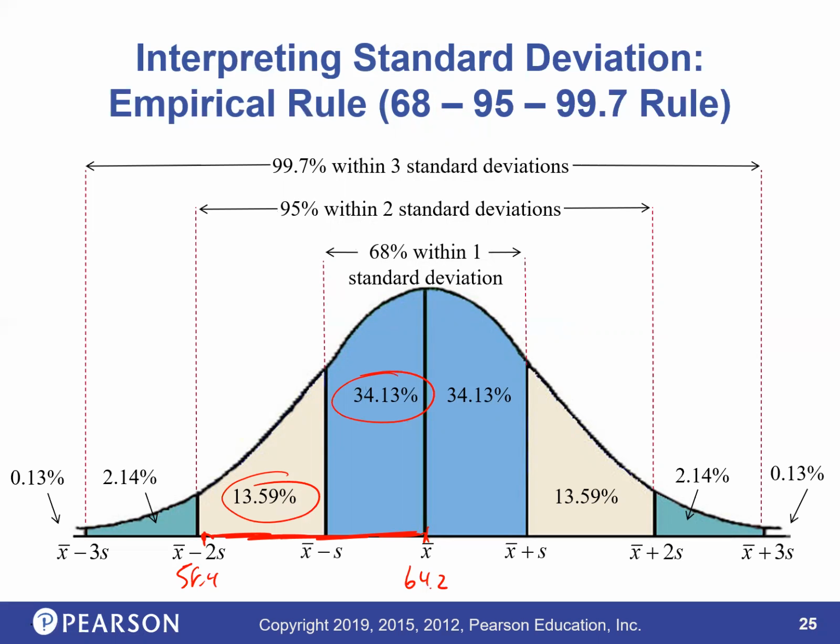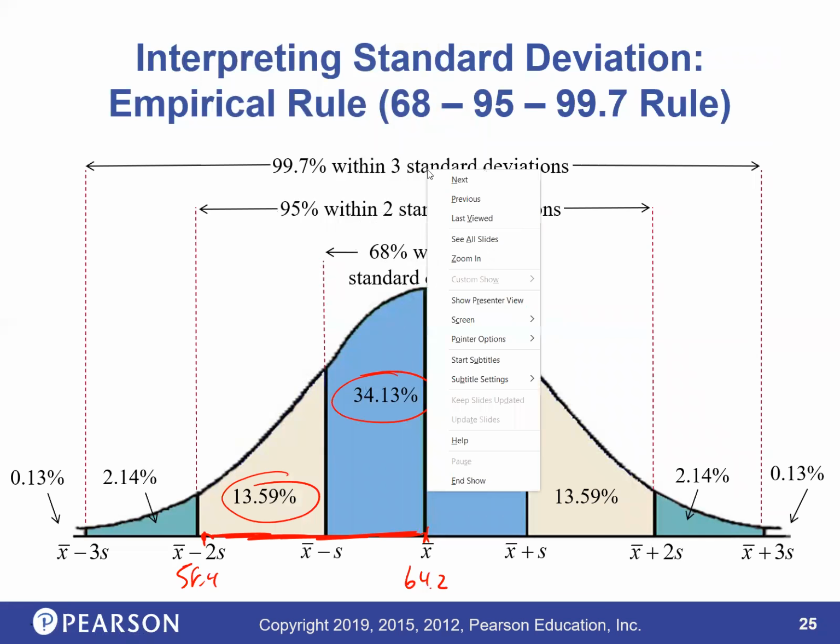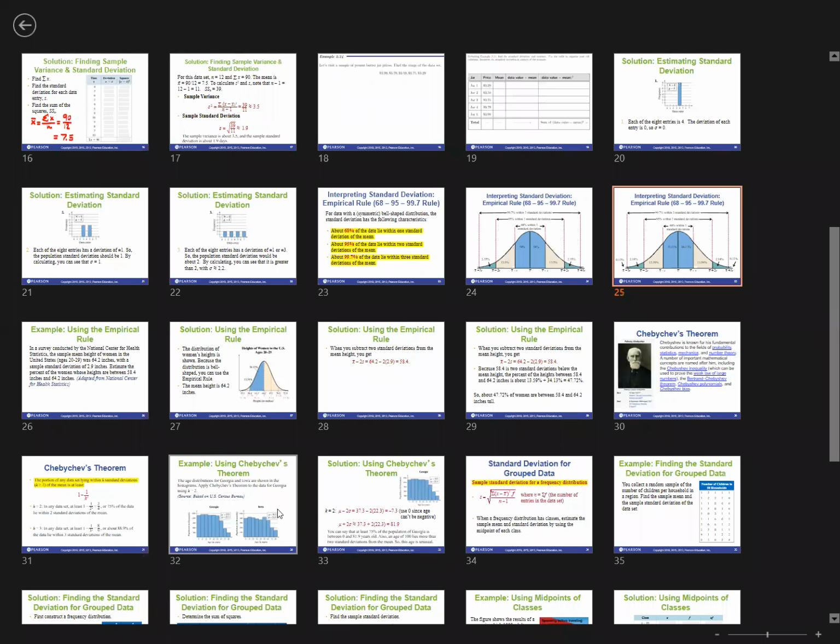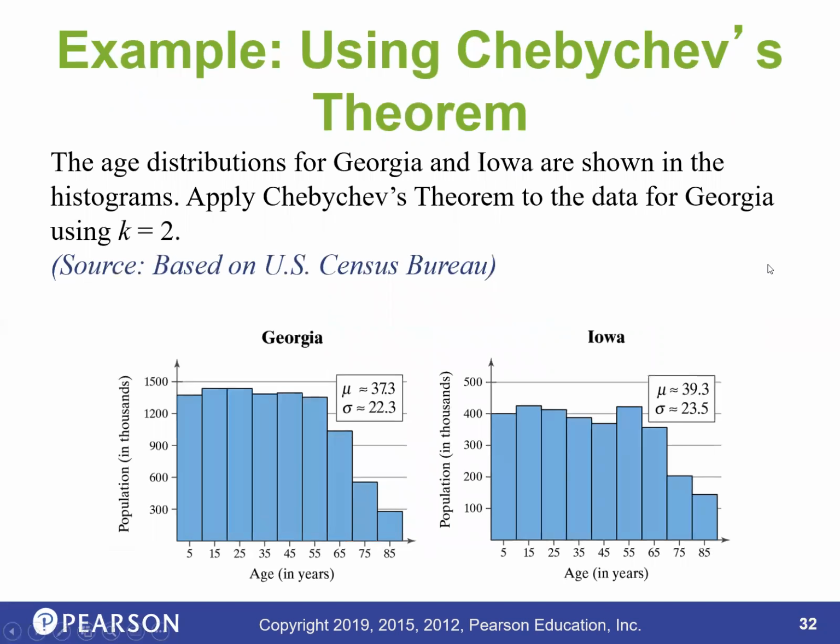But some things do not fall into this nice curve. Sometimes the things look like this. It's the age distribution for Georgia and Iowa as shown. So this does not look like a normal curve, right?